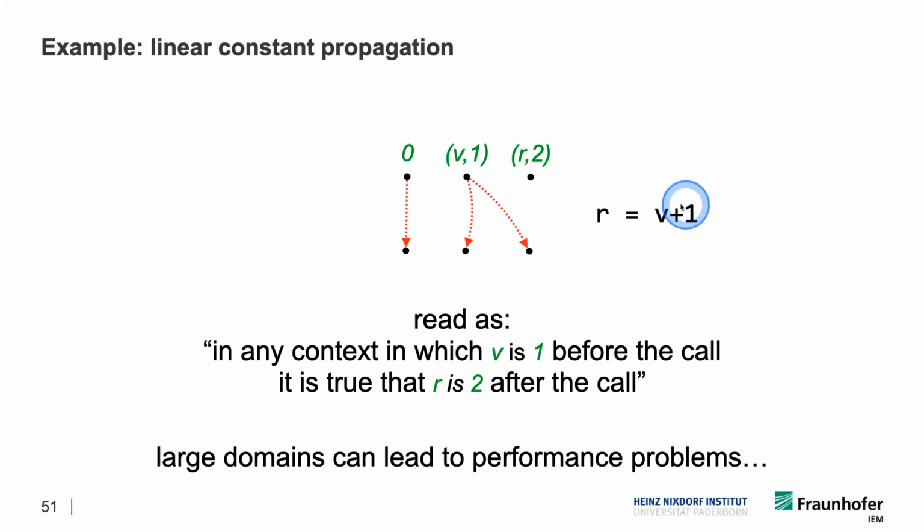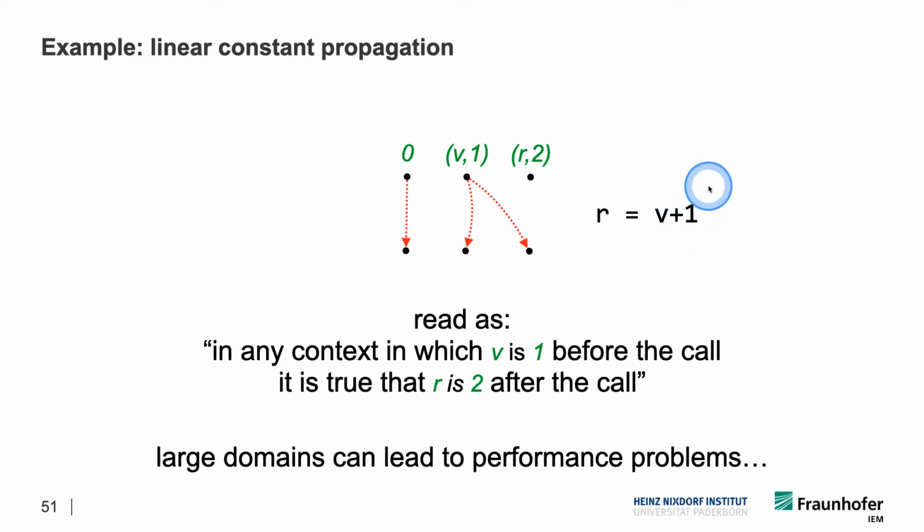But if you have dependencies only on a single variable, then we're talking about so-called linear constant propagation. And linear constant propagation is a distributive problem because here you only have a one-on-one dependency. One can show that this is then distributive. So this is a problem that you can encode in IFDS. So it's possible in principle, except for this finiteness issue.